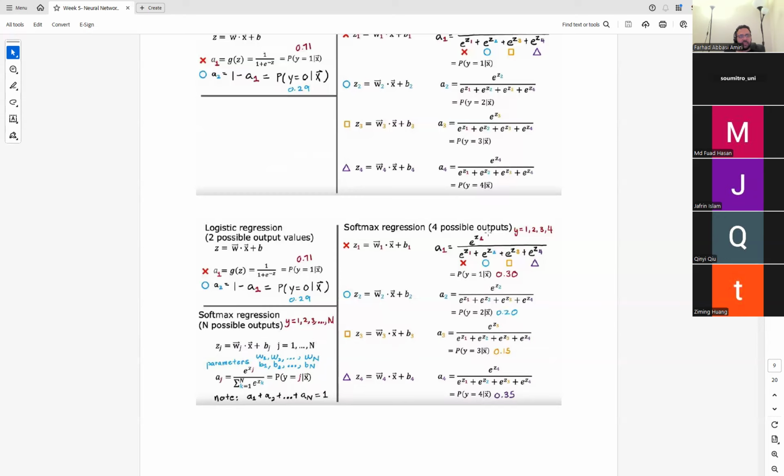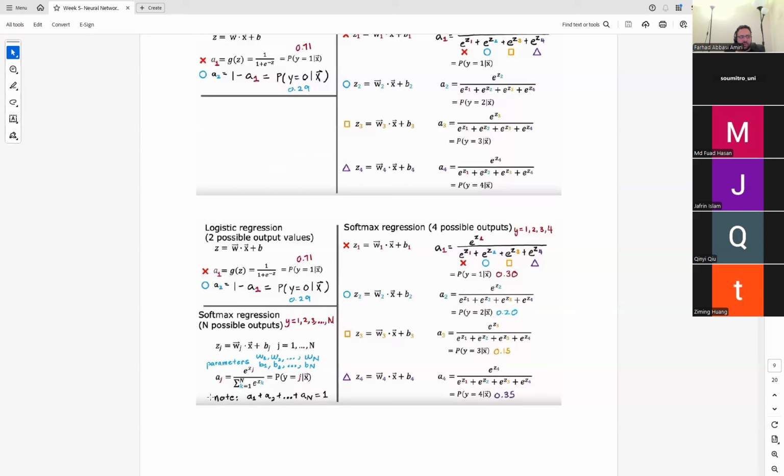And then these 4 fractions can be expressed in a general equation like this: Aj, where j changes from 1 up to n because we have n outputs for multi-class classification, equals, in the numerator, exponential of zj divided by the summation of all the exponentials, equal to the probability of y being j with the given x as an input.